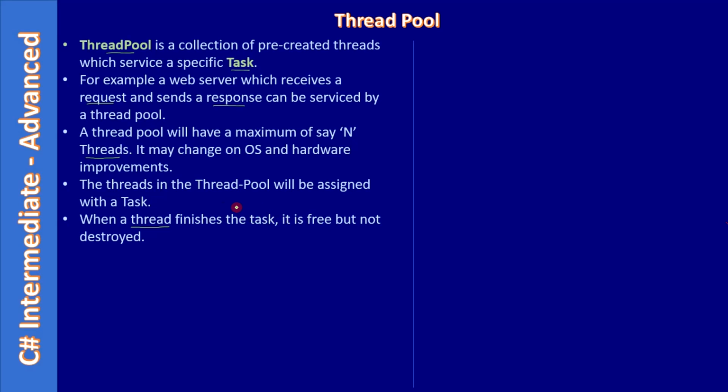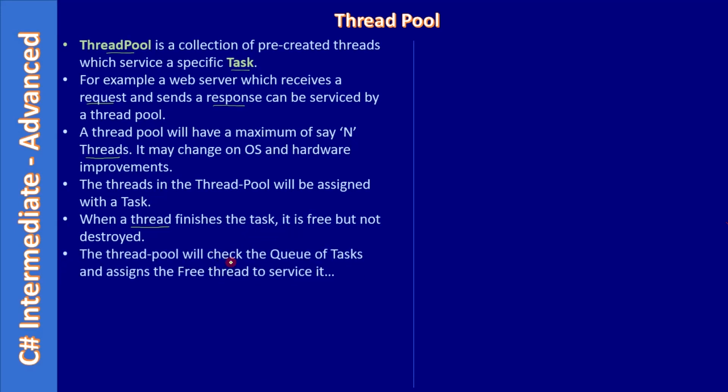That means in a ThreadPool we will have a collection of threads, and a thread is assigned a task, and let's say the thread finishes the task. So the ThreadPool won't destroy that thread. The thread will be free, but the ThreadPool will not destroy it. That means the ThreadPool will have that thread ready to service any next incoming task.